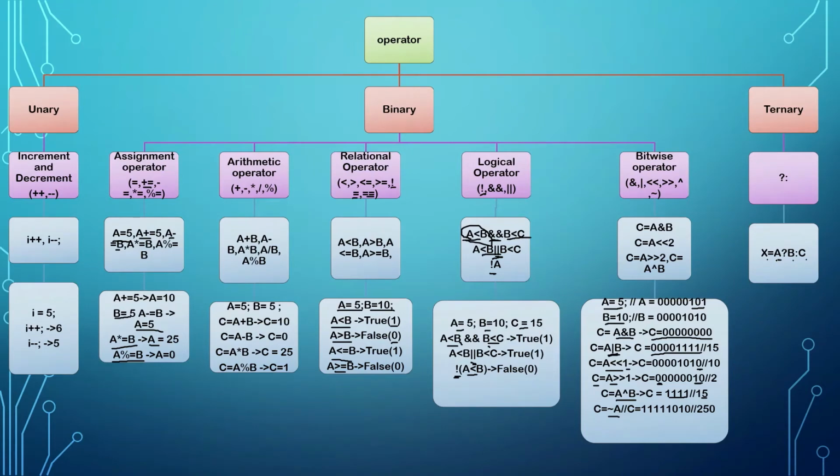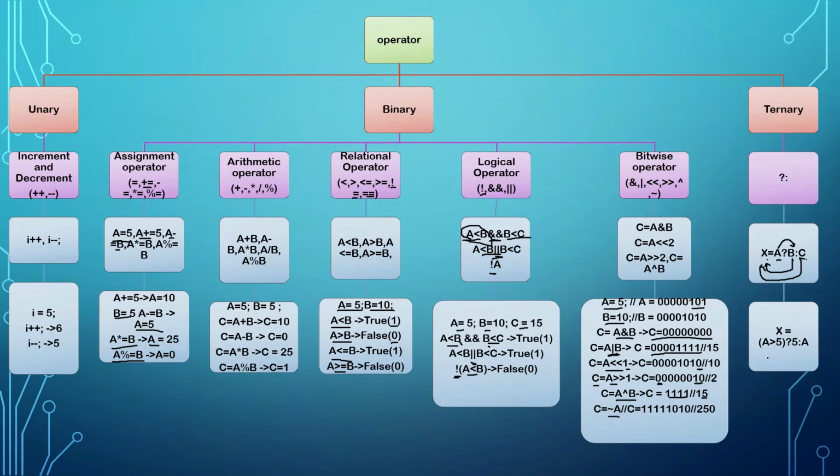If the condition is true, it stores the b value in x. If it fails, it stores the c value in x. So here a is a condition. If a is true, it stores the value b in x, or else it stores the value c in x.